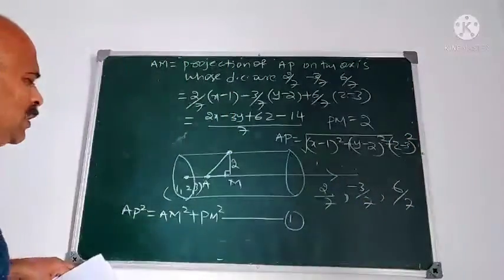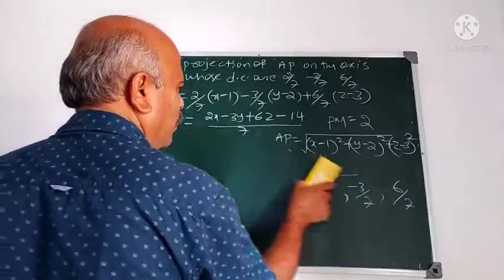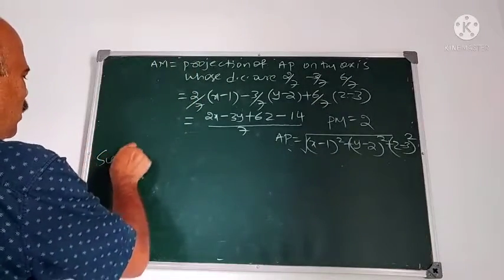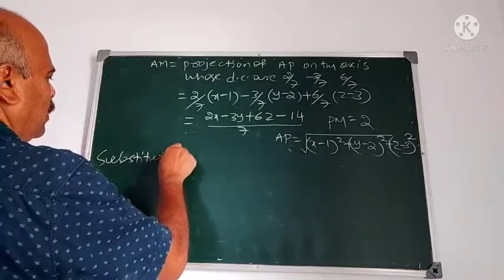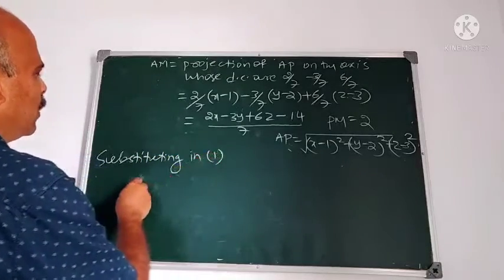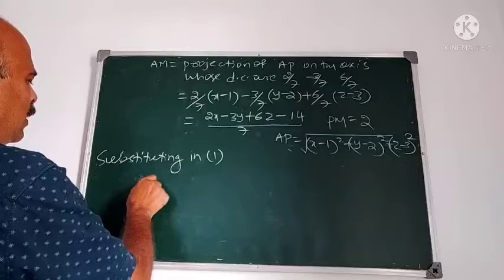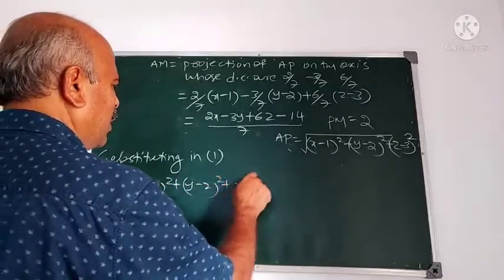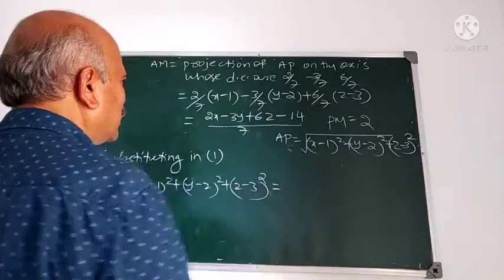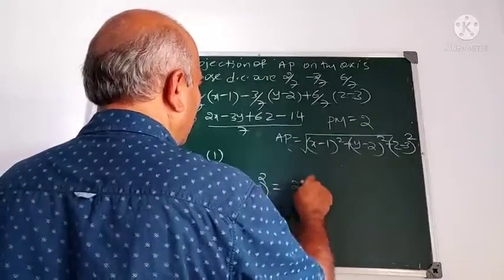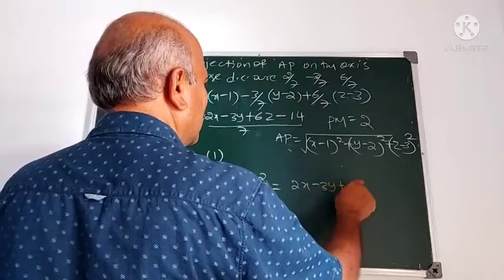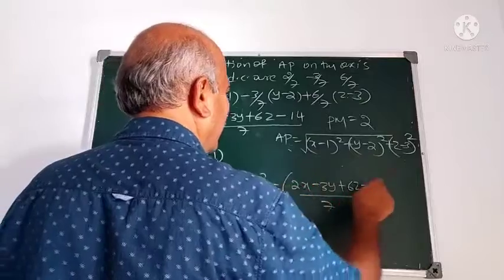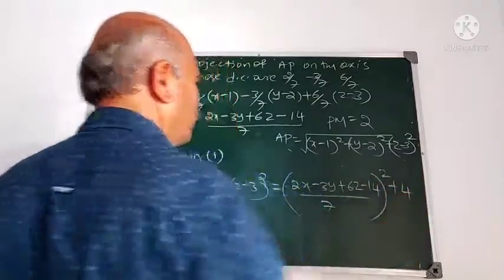Now substitute this in 1. Substituting in 1, we get AP square: (x minus 1) whole square plus (y minus 2) whole square plus (z minus 3) whole square is AM square, (2x minus 3y plus 6z minus 14) upon 7 whole square, plus 4.